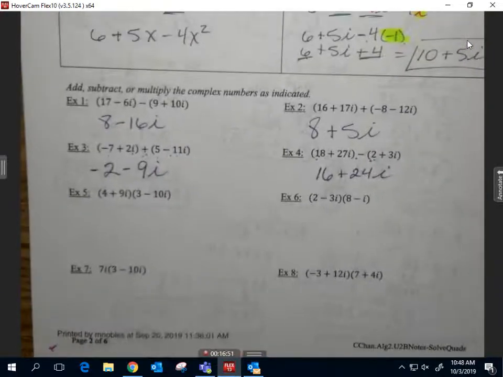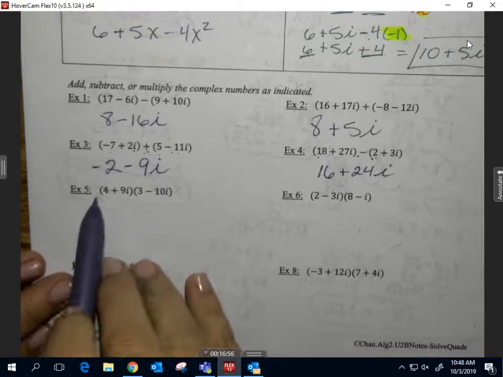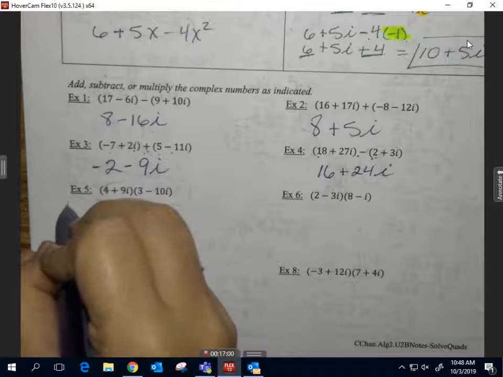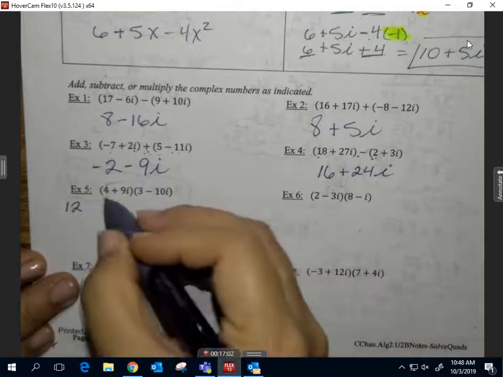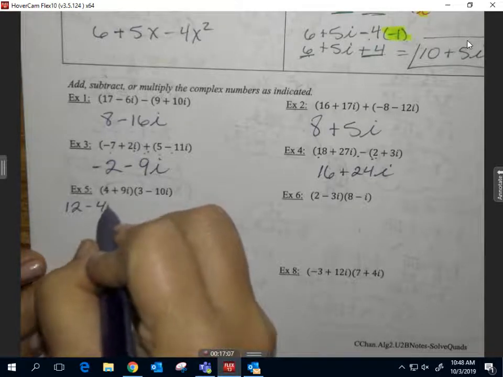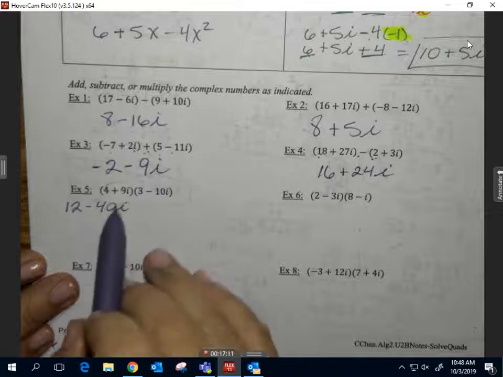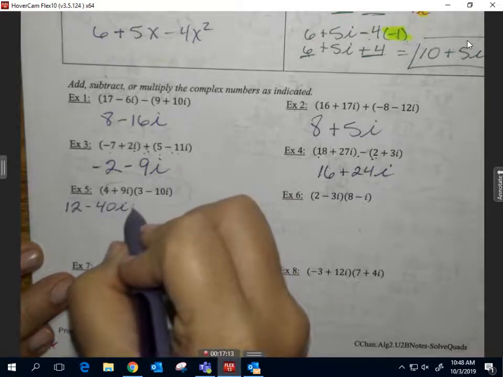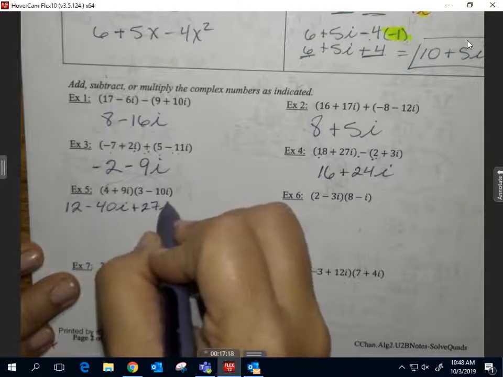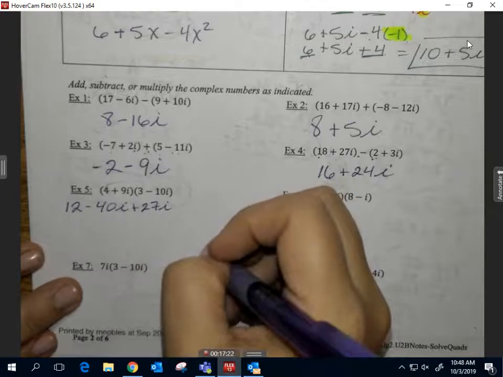I feel like this is the one we need a little bit more practice with. So here we go again. 4 times 3. 4 times negative 10i. Now I'm going to the 9i and do the same thing. 9i times 3. 27i. 9i times negative 10i.